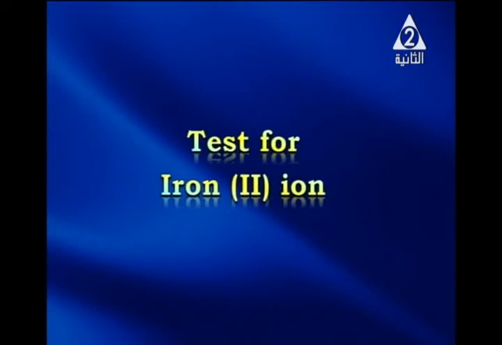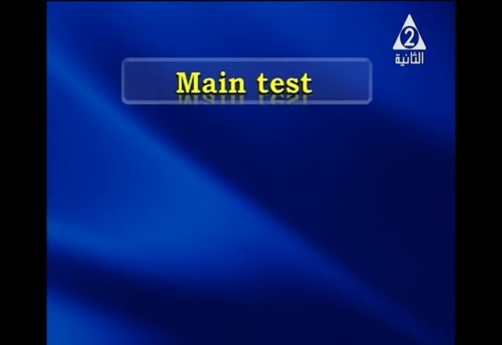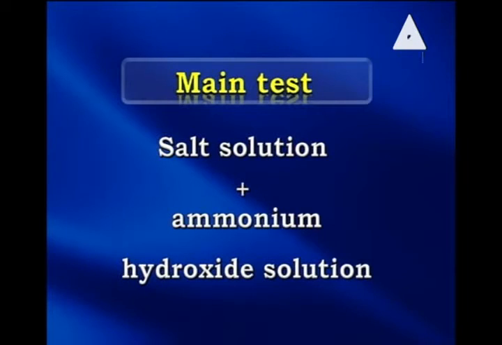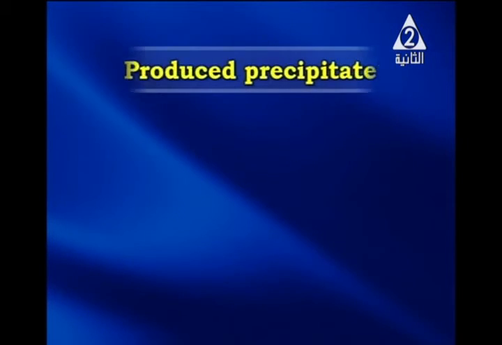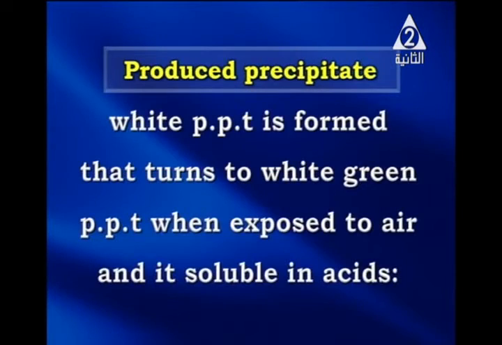Now, my dear students, we are going to test for the second cation of the third analytical group, which is iron 2 ion or Fe2+. The main test is a salt solution plus ammonium hydroxide solution. The produced precipitate is a white precipitate of iron 2 hydroxide.